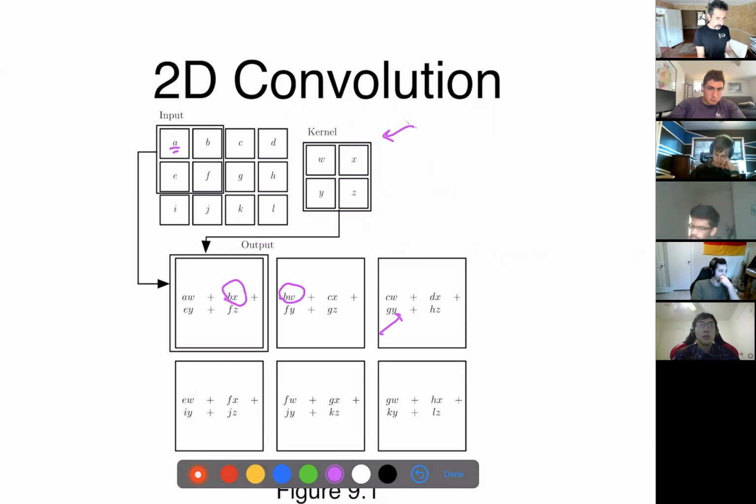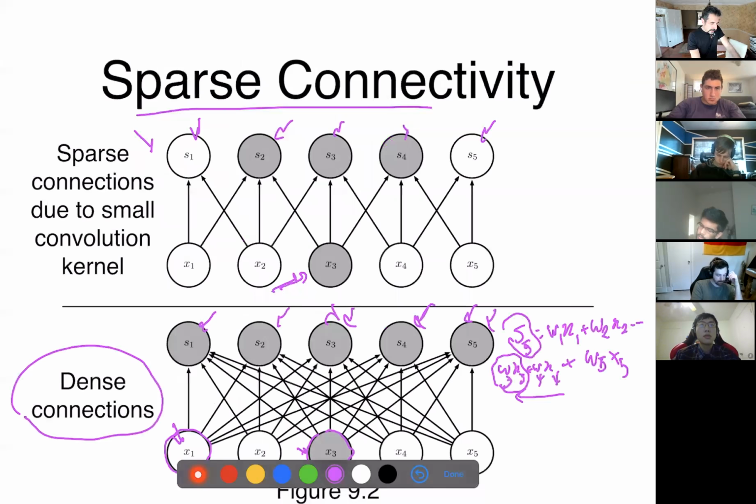So basically, each input, with this property that we have with the kernel and convolution operator, makes the network sparse. So each input is connected to only a handful of output units, not all of them as previously with the densely connected network.